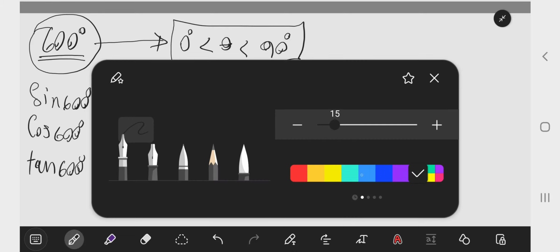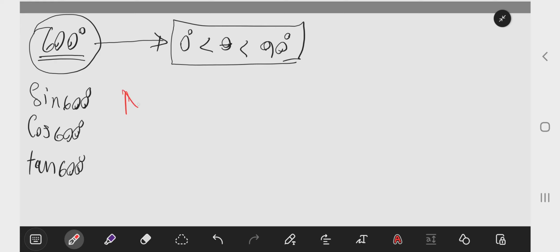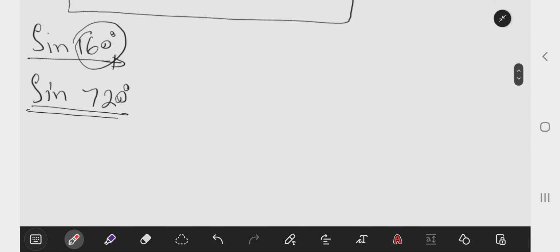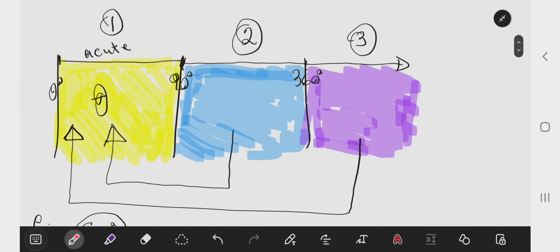Now, if you have an angle which is greater than 360, for you to reduce this angle, it's possible that you can reduce it into the second region. Mind you, 600 is in the third region.